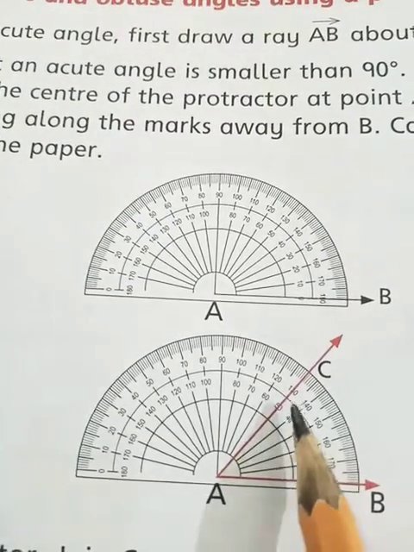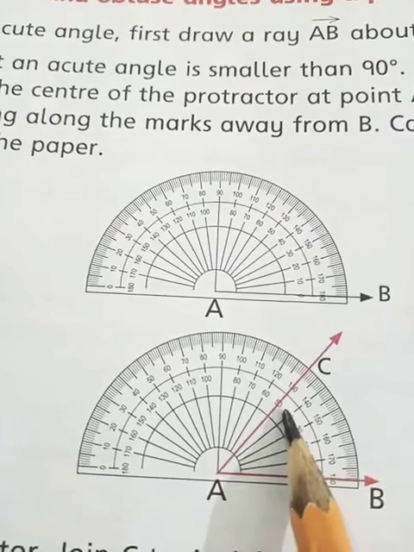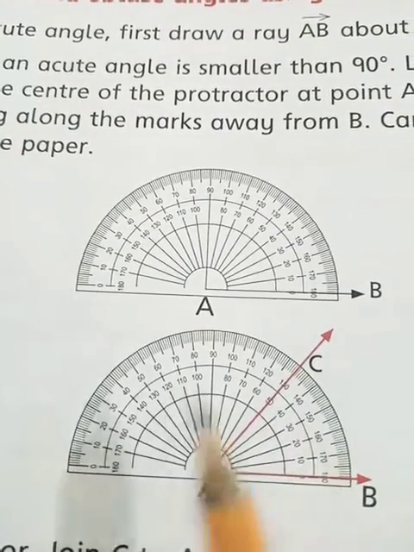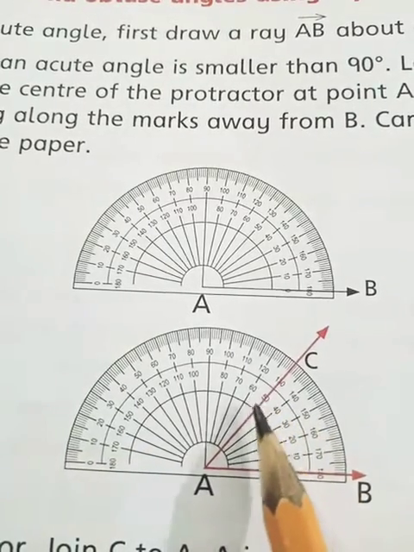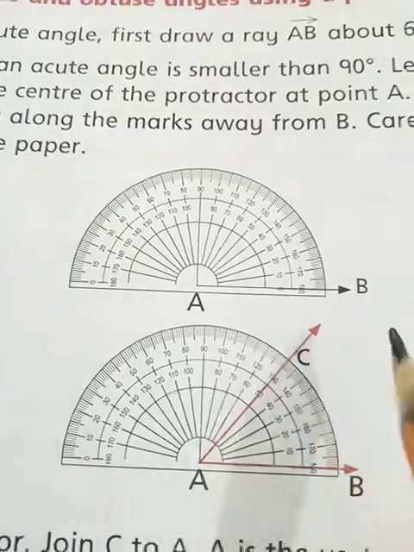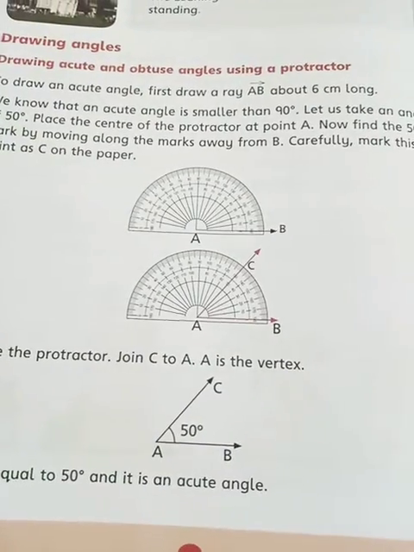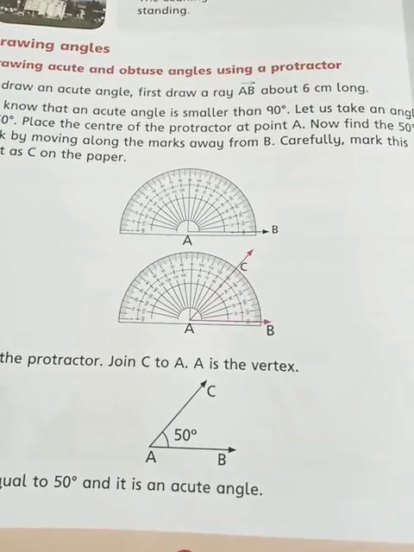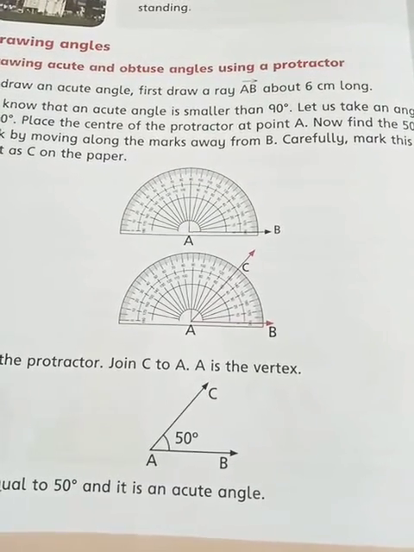For example, if we want to make a 50-degree angle, then after placing the protractor, we will check where the 50 degrees lies. It comes here, we will mark a dot and then we will join the line. All right. In the same way, we can make all types of angles: acute, obtuse, right angle, right?